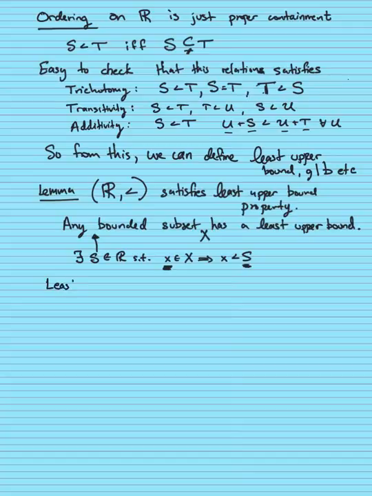Okay, so the least upper bound is just the union of the Dedekind cuts. So you should think, well, if you're going to be an upper bound of this set of subsets, you should contain them all. And then the smallest set that contains all of these Dedekind cuts is just the union of the Dedekind cuts.